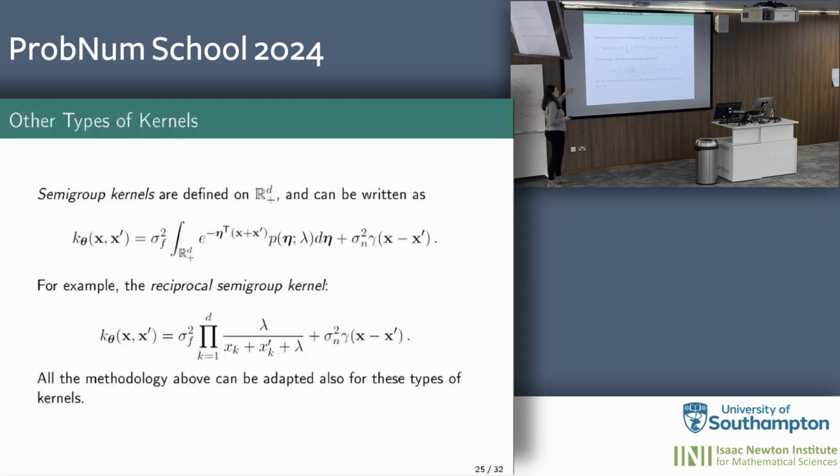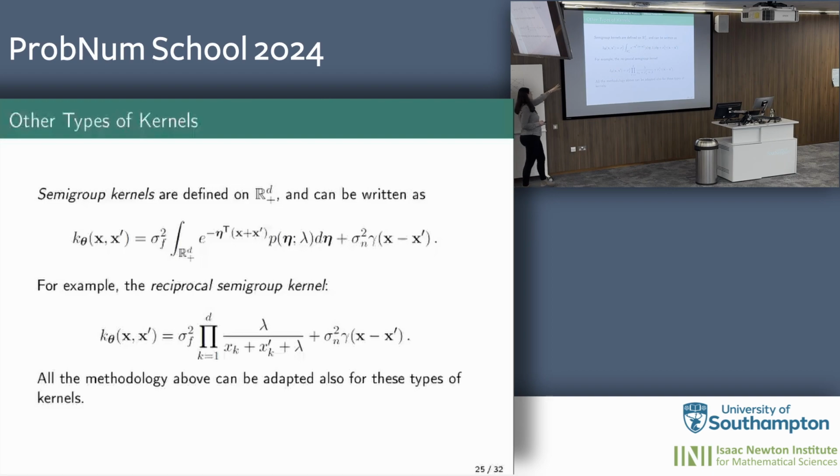Another example, to show that we don't only have shift invariant kernels, is to consider the half-line and look at something that looks like a Laplace transform. This should be this delta x tag as I showed before, I'm sorry about that.